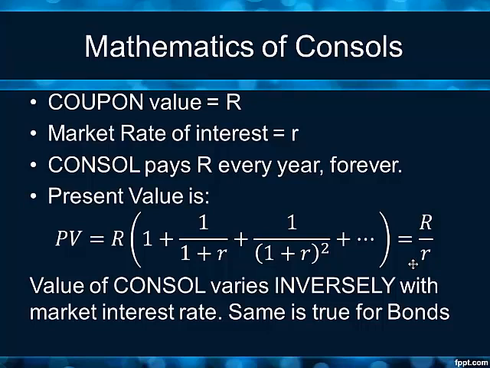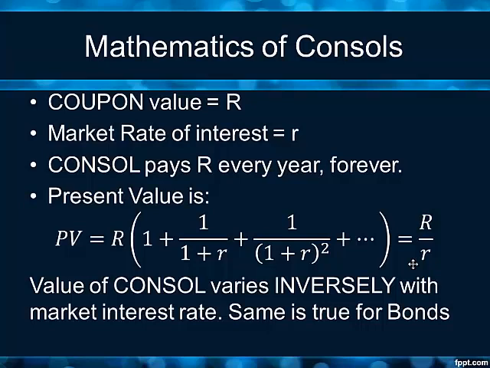And similarly 3 years from now it's R divided by 1 plus r cubed. So basically the present value of this consol, which pays R forever every year with an instant payment right now, is this infinite series, which I have written: R times 1 plus 1 over 1 plus r plus 1 over 1 plus r squared, and so on to infinity.